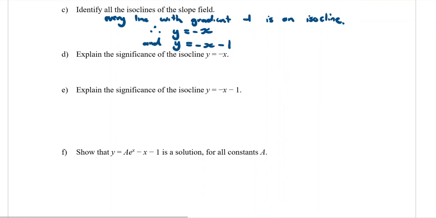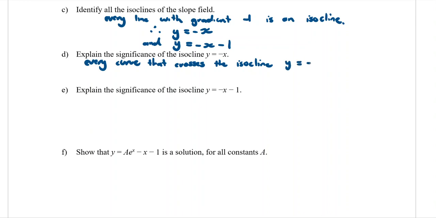So this is how I wrote it down. Every curve that crosses the isocline. No, isoclines are straight. So you can't have all the zeros. You could put, I'd have to have a think if you could actually get a curve that had gradients of 0 forming a parabola or a cubic or something, but it wouldn't be called an isocline.